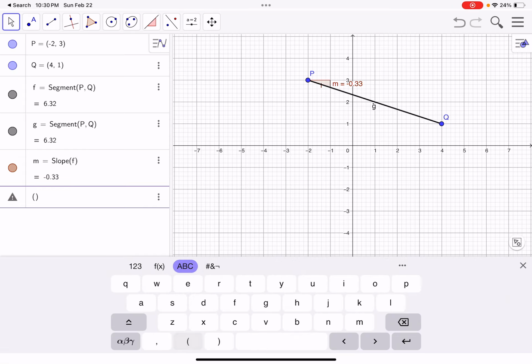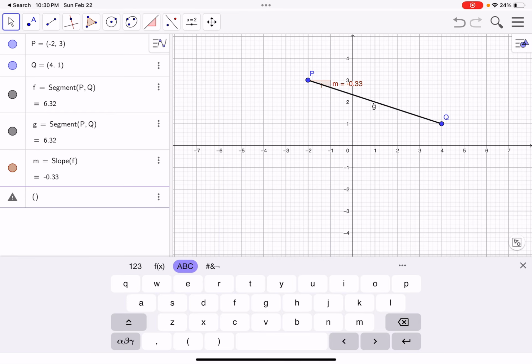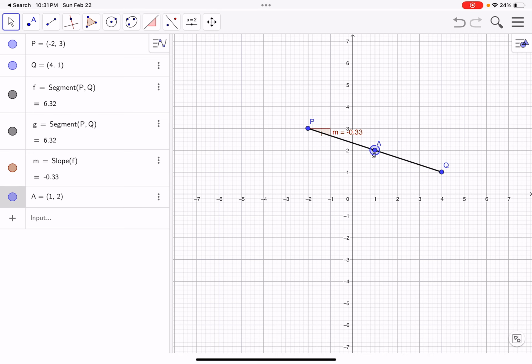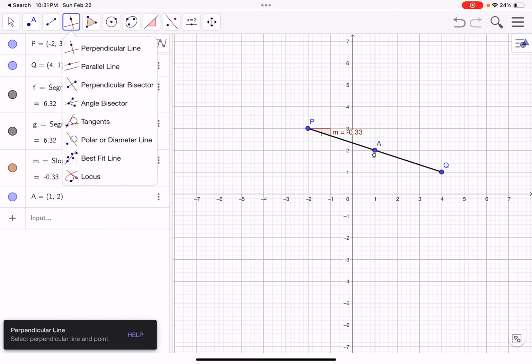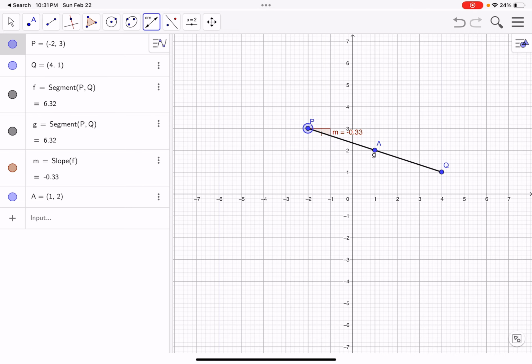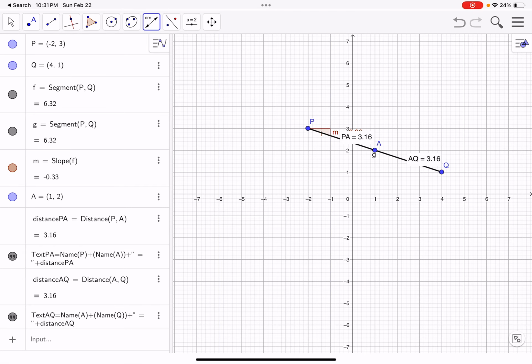The midpoint was, I don't remember what it was. Sorry, 1, 2, not 1/2. Okay, so that's the midpoint. The distance from this to this is 3.6, and this to this is 3.6, so exactly like we said, it cuts it in half.